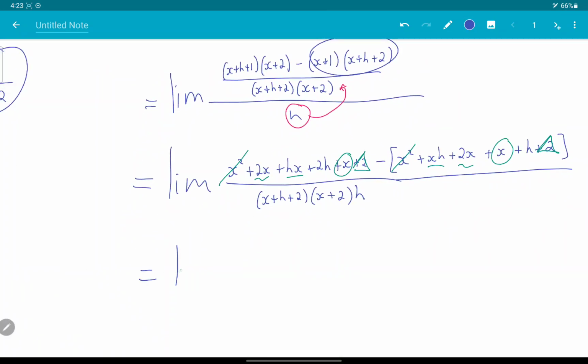So what survives? I got 2h minus h. So just giving h on top. And that makes me a happy camper because this h is going to cancel this h. And we will be off to the races.